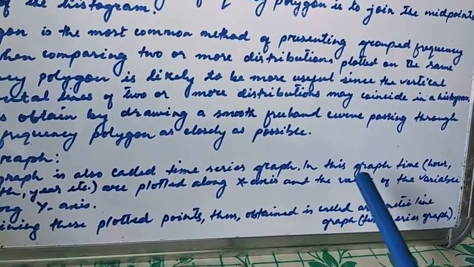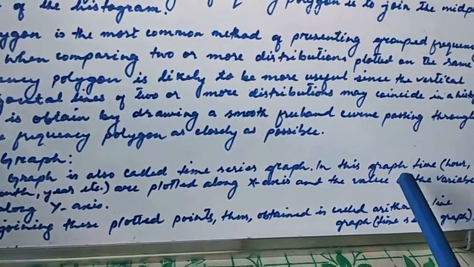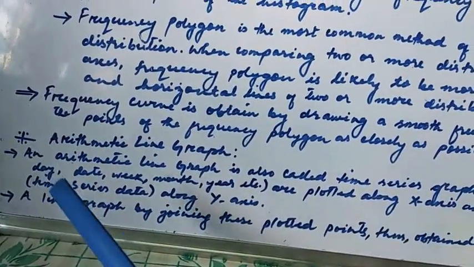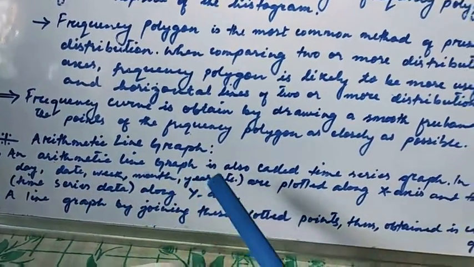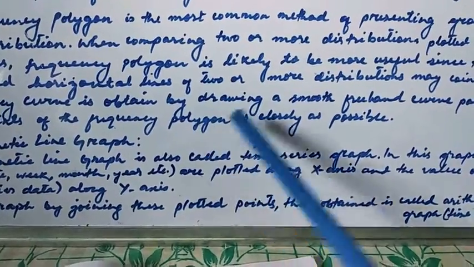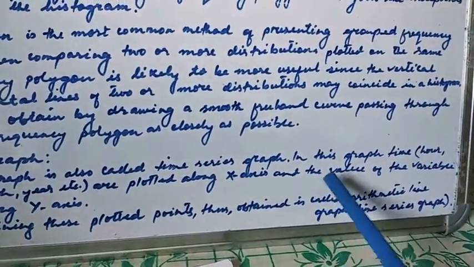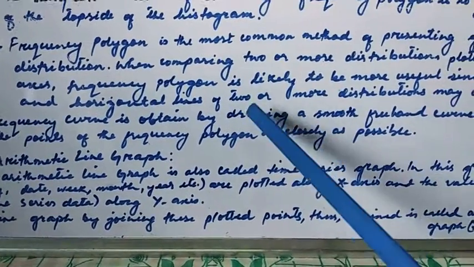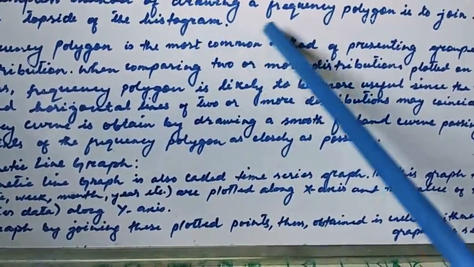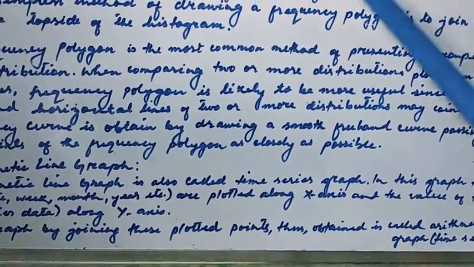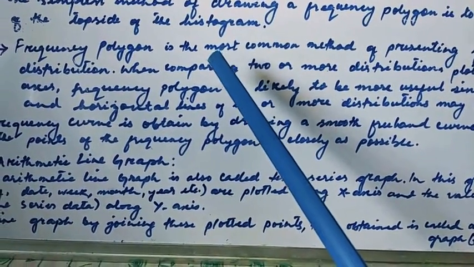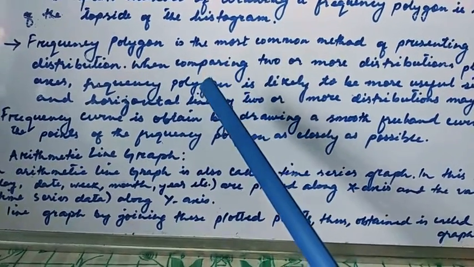In this arithmetic graph, time such as hour, day, date, week, month, year, etc. is plotted along the x-axis, and the value of the variable, that is the time series data, along the y-axis. So on the x-axis we are plotting the time, and on the y-axis we are plotting the variables of the series of data.